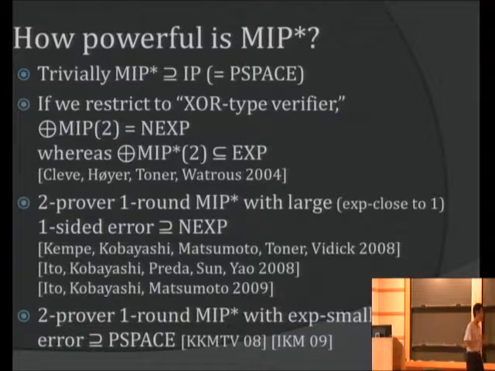If we only use single round and 1 prover, then we get complexity class AM, and this is conjectured to be much smaller than PSPACE.